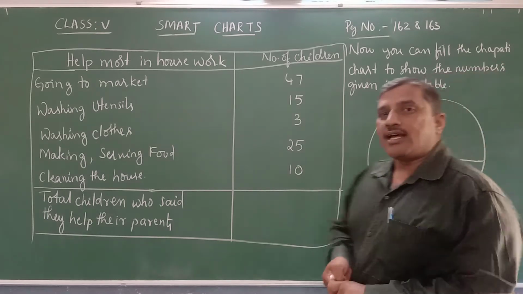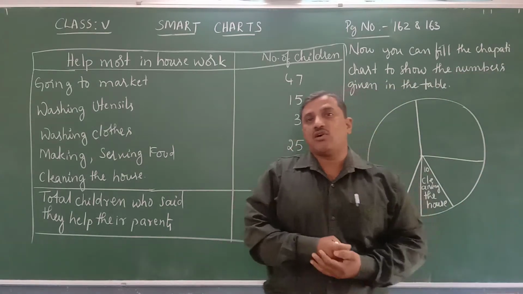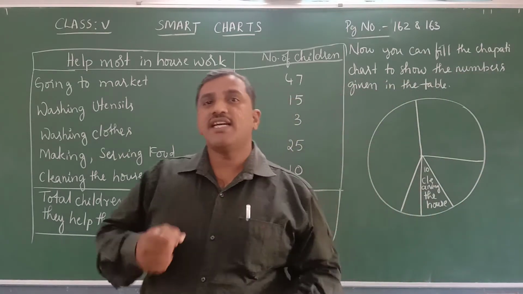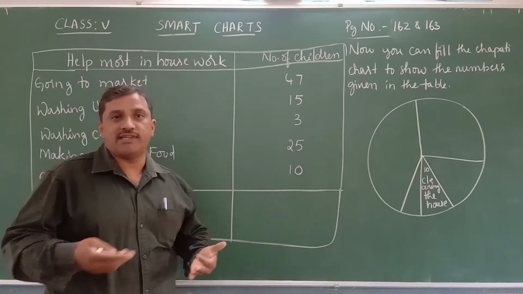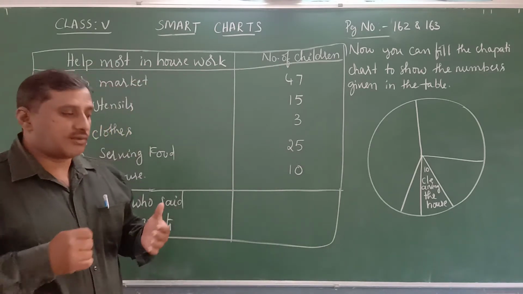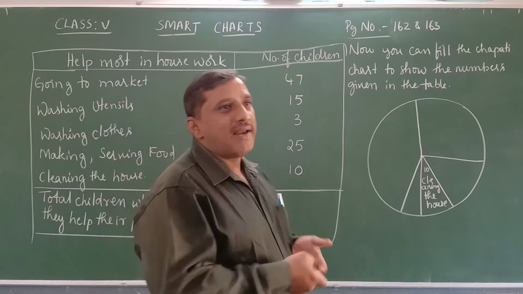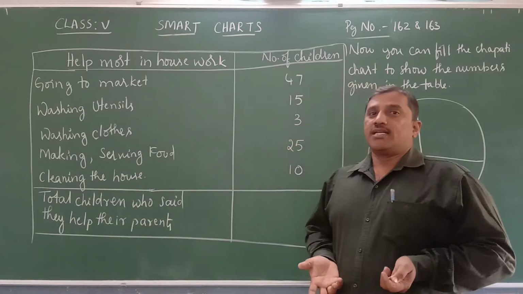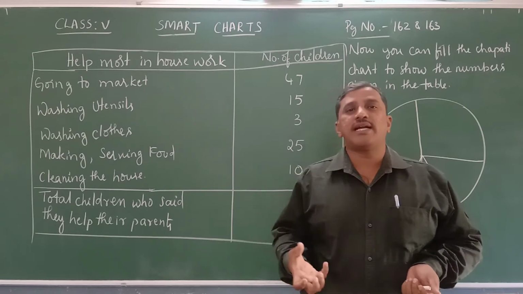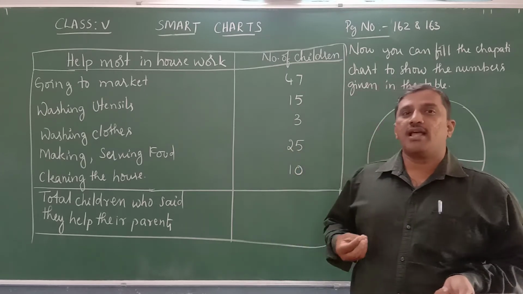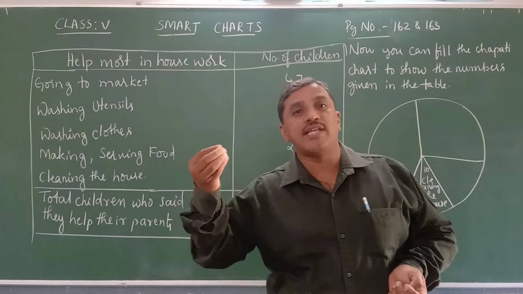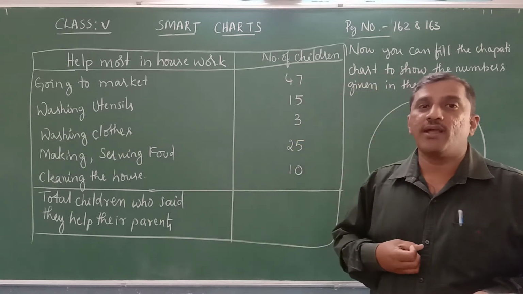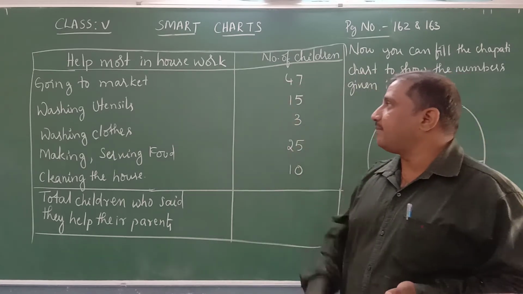So in the EVS period, the teacher is asking the children whether they are helping their parents at home or not. The children said they are helping their parents in different ways. So the teacher noted the answers and made a table.